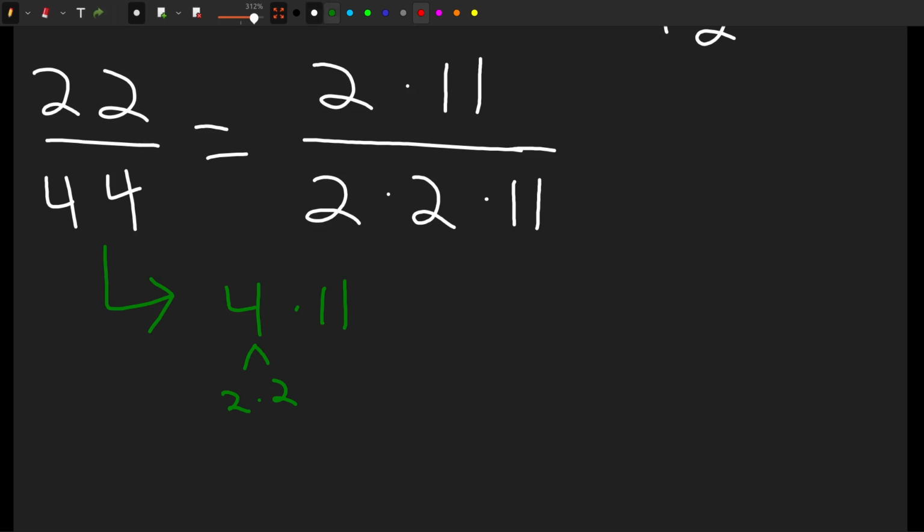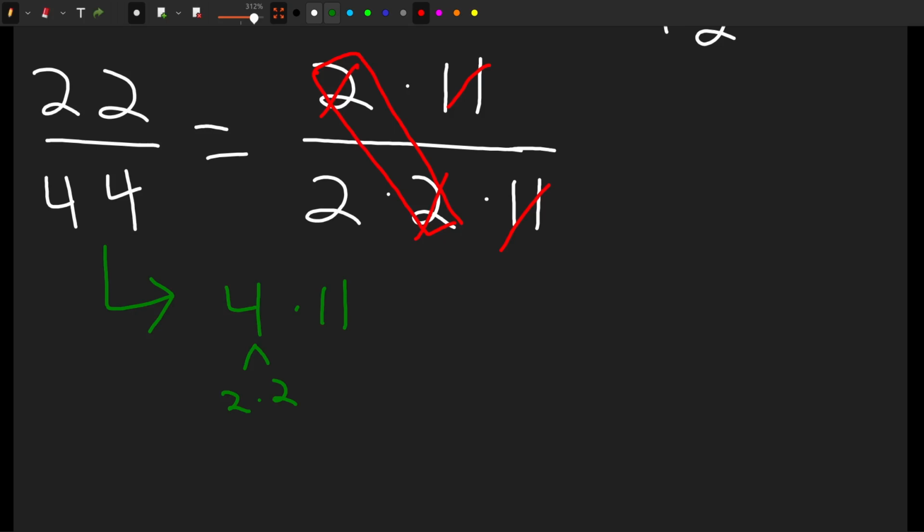Now here, I'm going to switch to red. We'll see that one of the 2's will cancel, and that the 11 will cancel. And so in this case, what we have left on top is actually a 1. The reason for that is these 2's, when we simplify them, they turn into a giant 1.